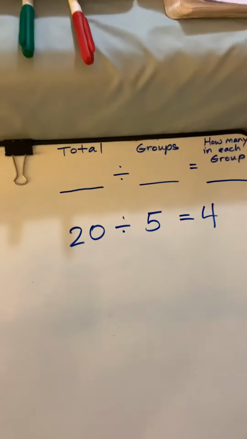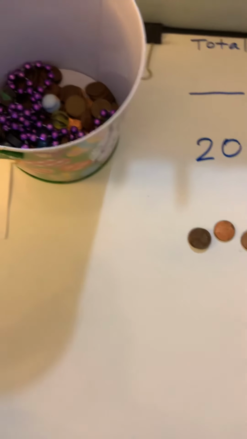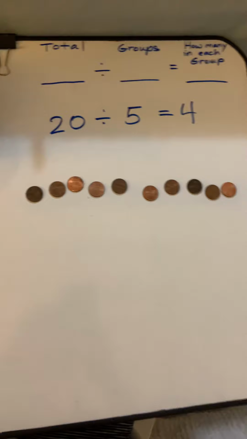Now, if you're a very visual learner, and that means that you learn by seeing things, you could get out a bunch of pennies. I borrowed Ryan's pennies. Let's see. I know that this is 10 pennies. So I could set those out. And let me get another 10.